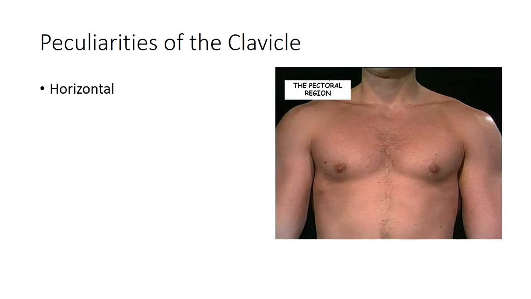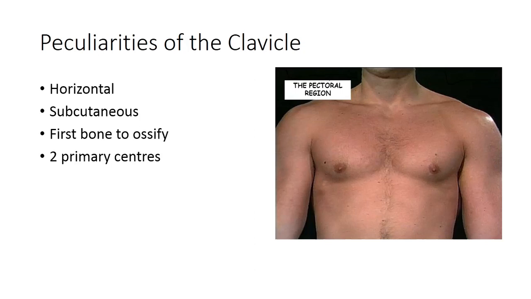Now the peculiarities of the clavicle. This is the only long bone which lies horizontally at the collar area, and it is the only long bone which is subcutaneous throughout its length. It is the first bone to start ossification. It has two primary centers of ossification.